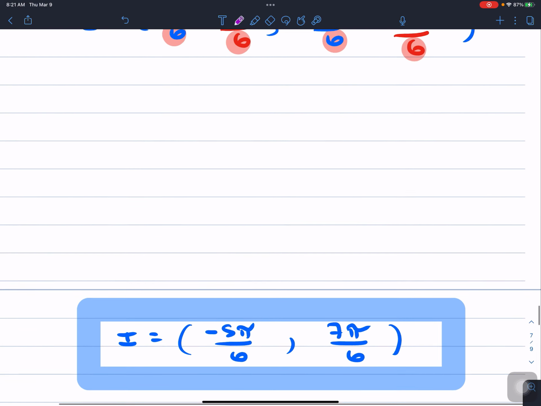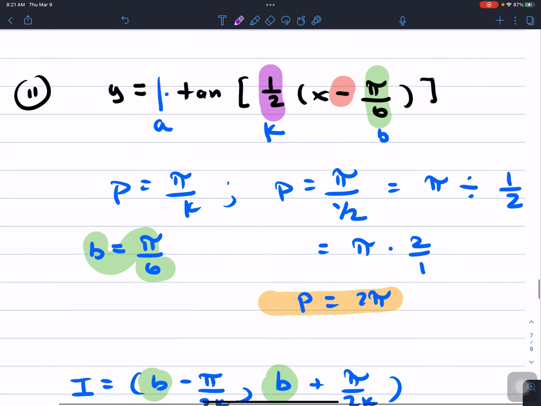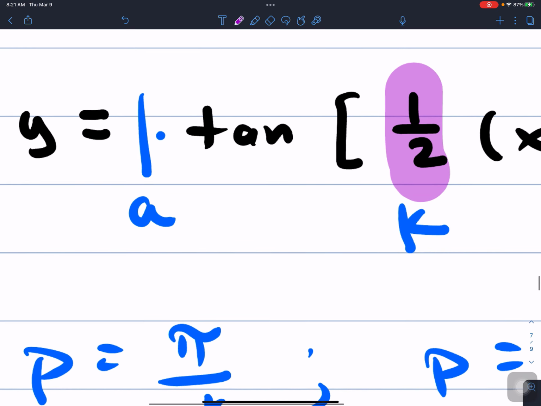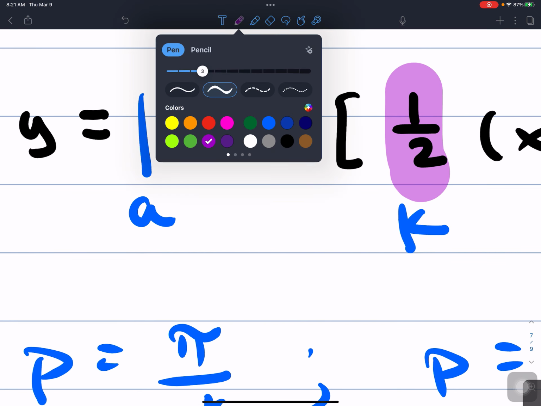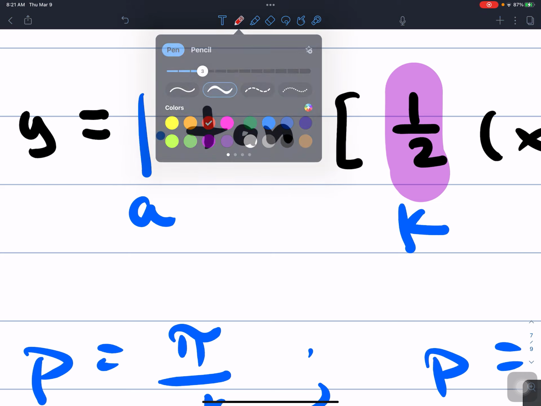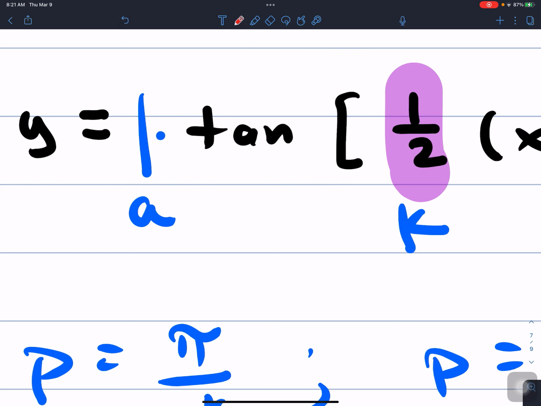So don't forget, what kind of curve is this, by the way? It's just a regular old what? Tangent curve. Bread and butter tangent. No reflected about the x-axis. All right, with tangent, what do you guys remember? Just think of x to the third power. Okay?